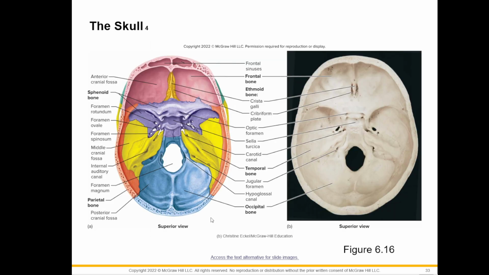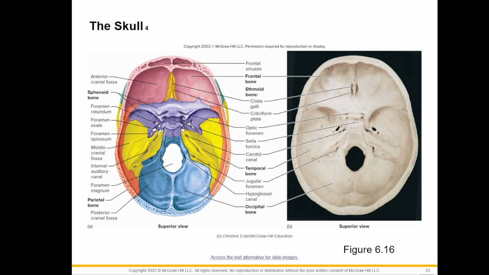And then this is the base of the skull. This is your occipital bone. This hole over here is your foramen magnum. So again, foramen means hole. The yellow here is your temporal bone. The purple here is your ethmoid bone. The red is the frontal bone. So for this part, what is important here are the bones, okay?